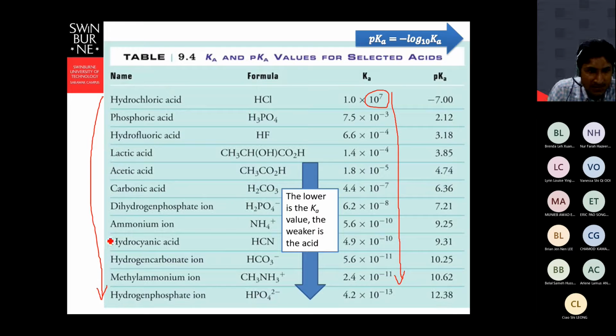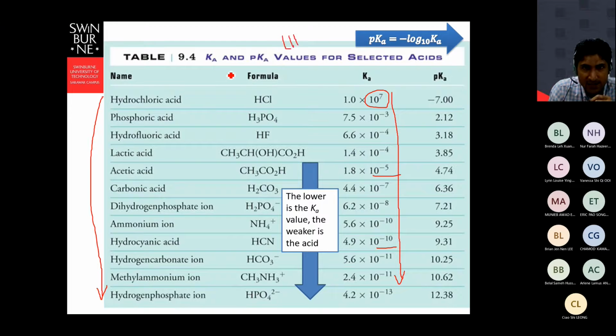This hydrocyanic acid has a Ka value of 4.9 times 10 to the negative 10, which is very small compared to, let's say, acetic acid at 10 to the negative 5. It is much lower, so it is a weaker acid.